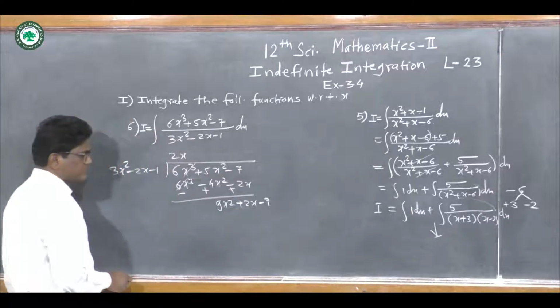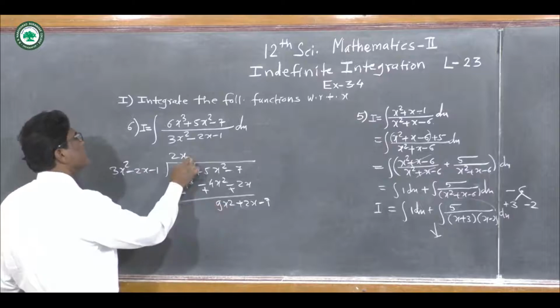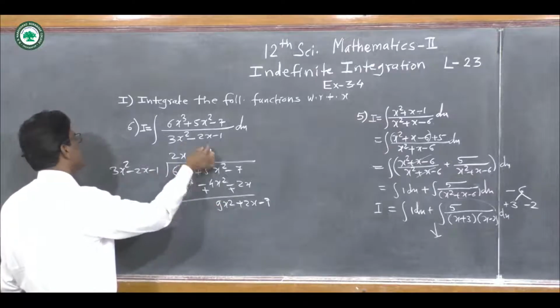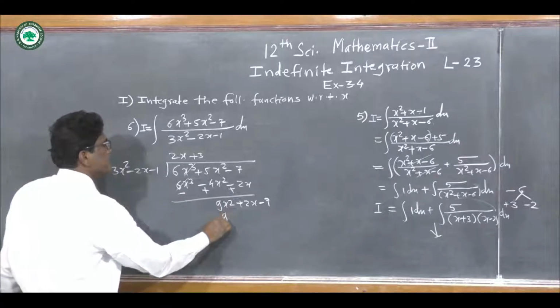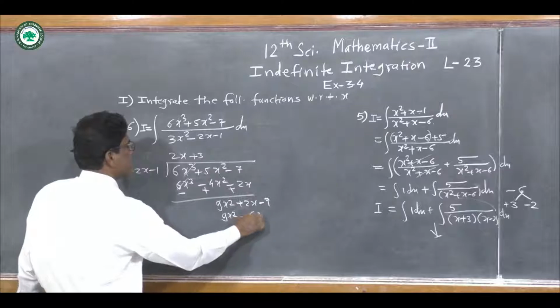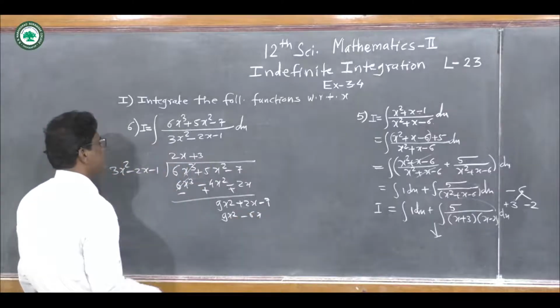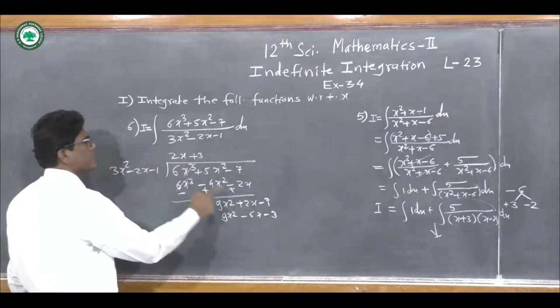Now here we want 9x square, so plus 3. If we take plus 3, 3 into 3x square is 9x square. 3 into minus 2x is minus 6x, and 3 into minus 1 is minus 3.